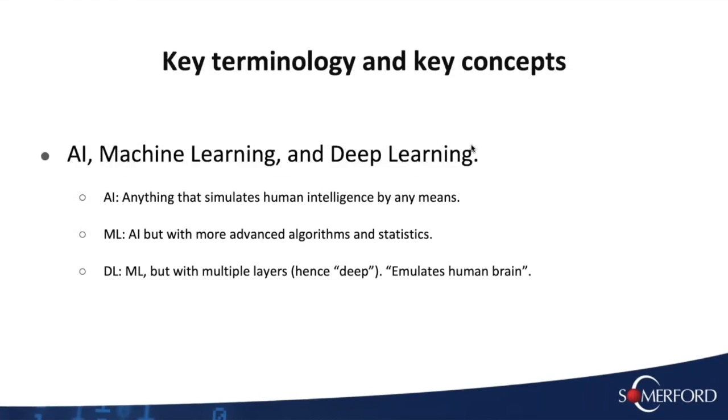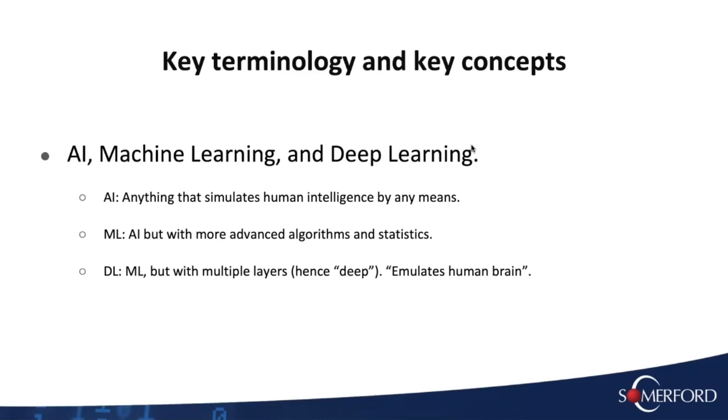Just to make this clear, it's one of those things I come across quite a lot when dealing with customers: the first two terms, AI and machine learning, tend to get used interchangeably, and they are distinctly different things from a technical perspective.